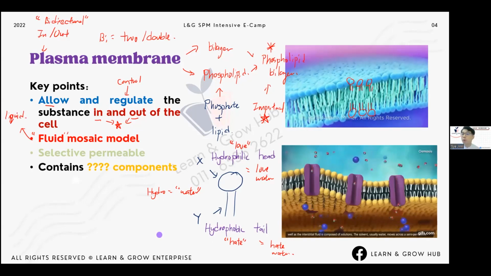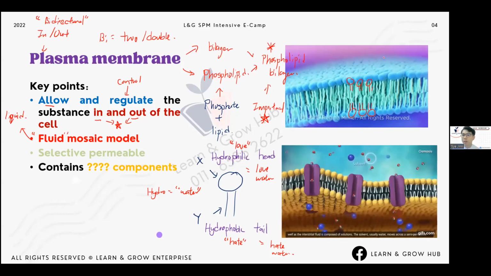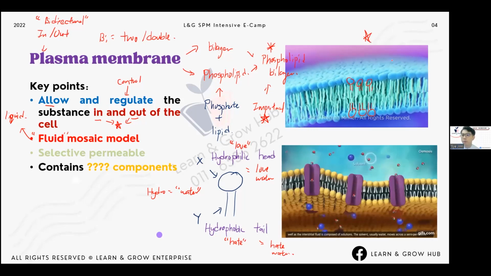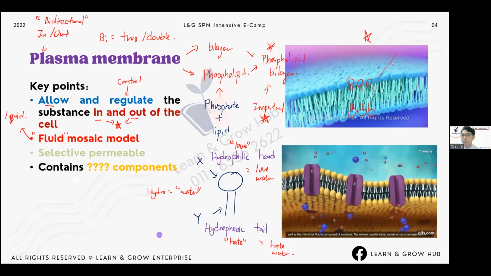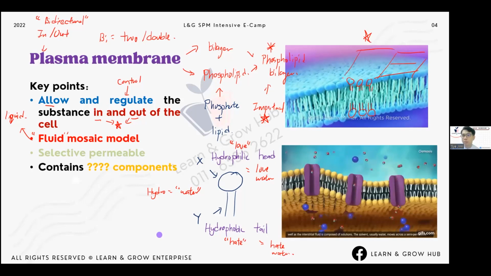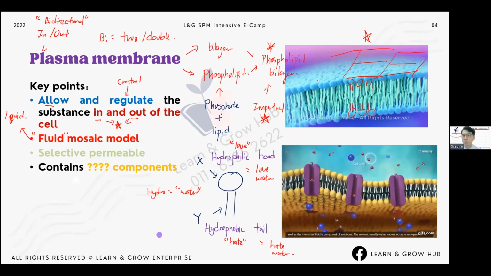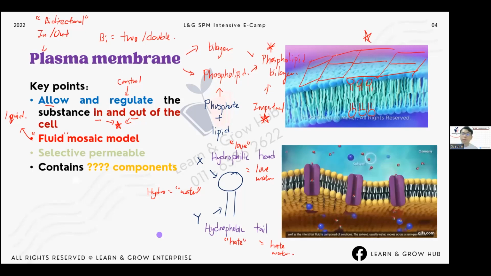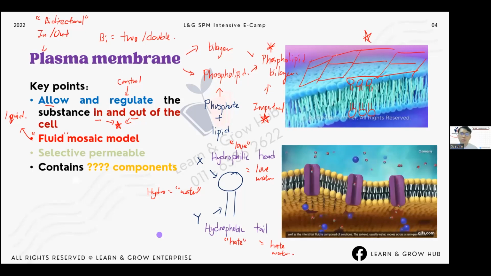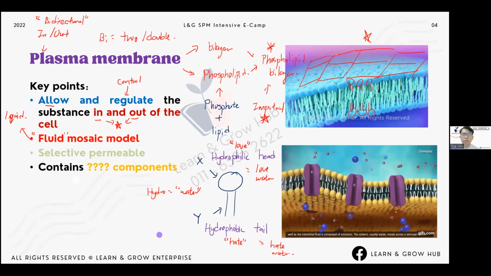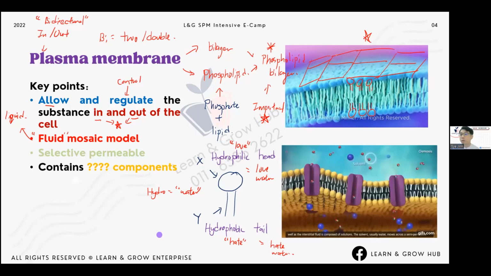For the fluid mosaic model, you can imagine, if I draw the mosaic on top of the plasma membrane, you will discover that the plasma membrane keeps moving, it cannot stay consistently.